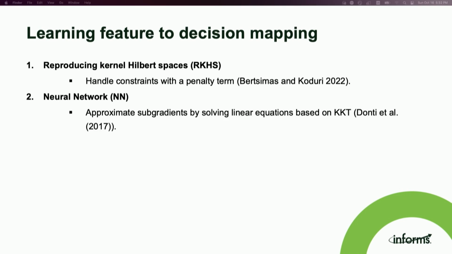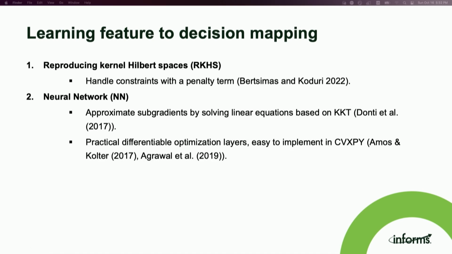To overcome the non-differentiability, there are multiple attempts in the existing literature. One method is to approximate the gradient by solving a group of linear equations based on the KKT condition. The other one is a highly practical one that provides a differentiable optimization layer that is very easy to implement with CVXPY, the existing Python library.